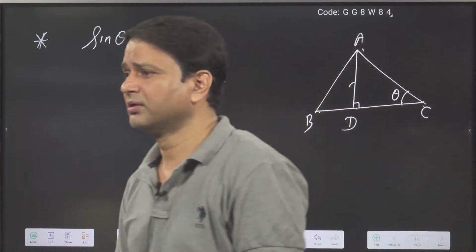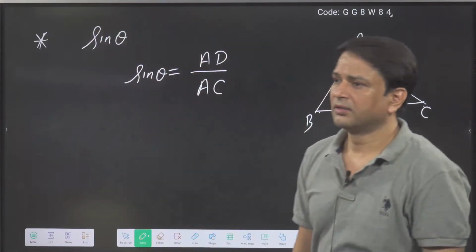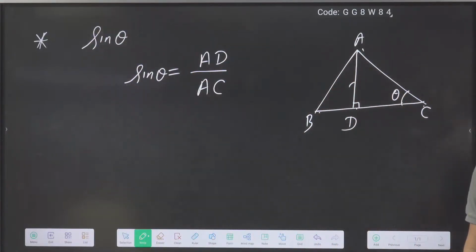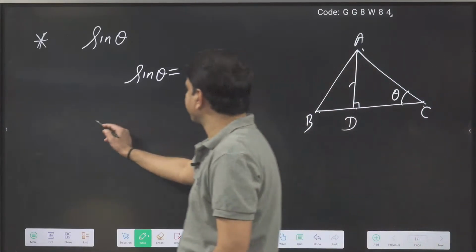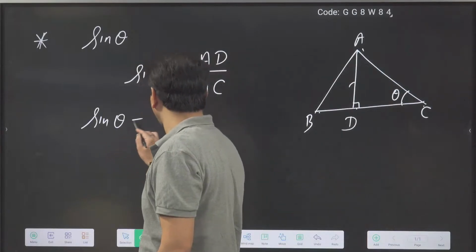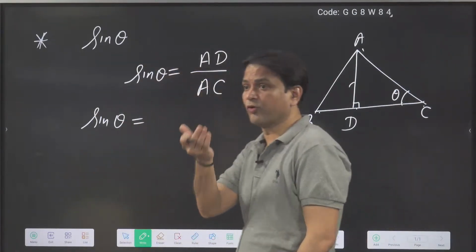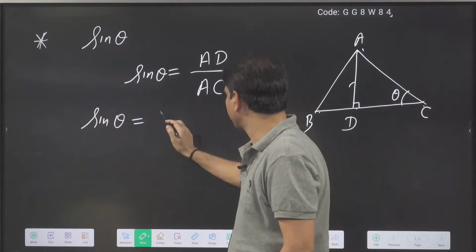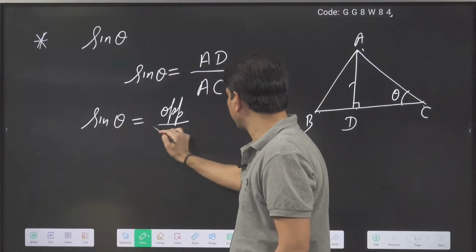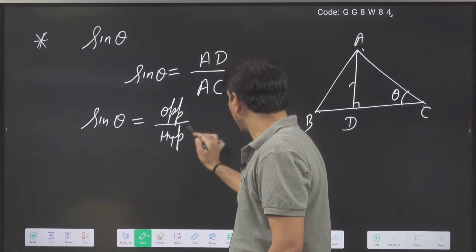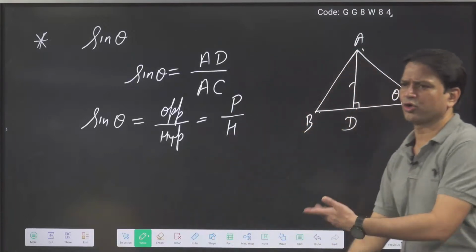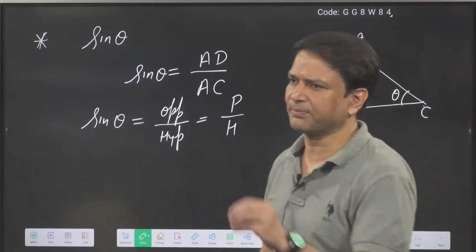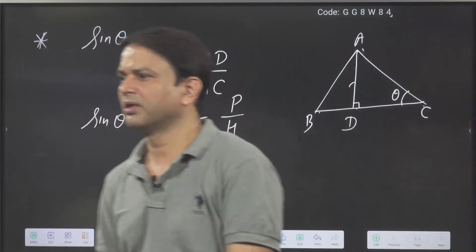Everybody got it? So basically the formula we define for sin theta is opposite upon hypotenuse, or perpendicular upon hypotenuse. You can remember sin theta as perpendicular upon hypotenuse.